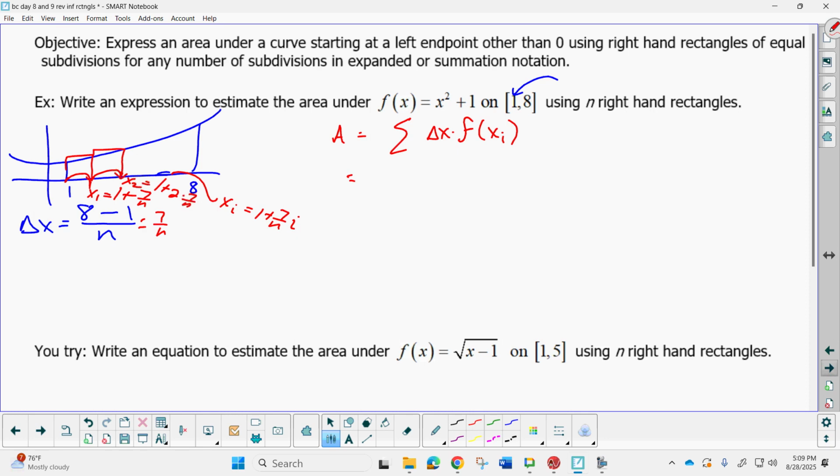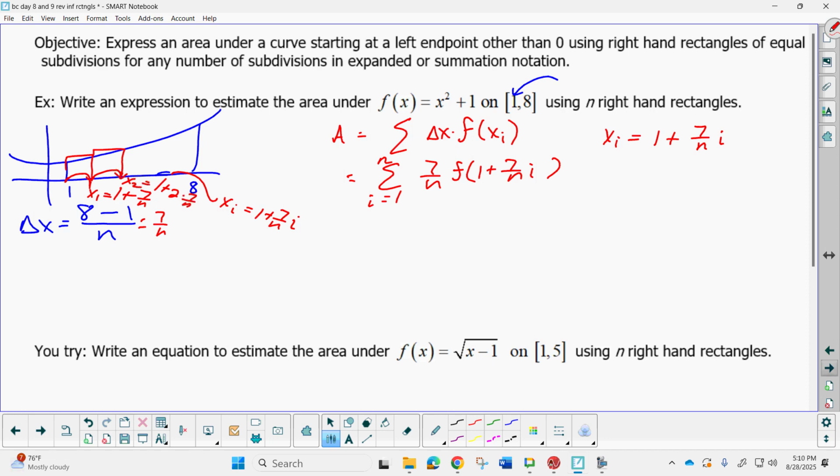The delta x is 7 over n. The x at which you draw, x sub i, depends on where you started, 1, plus how many delta x's you've gone over as counted by i. So in this case, it's 1 plus 7 over n, i times. i, if it's Rn, still starts at 1 and ends at n.